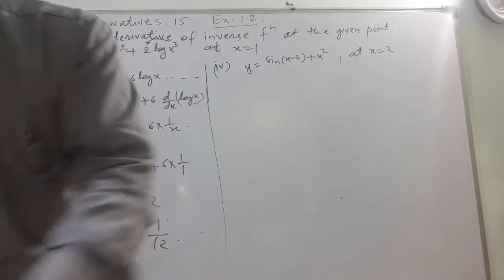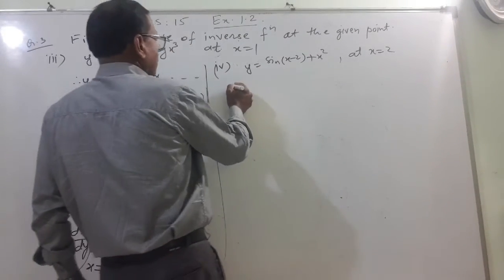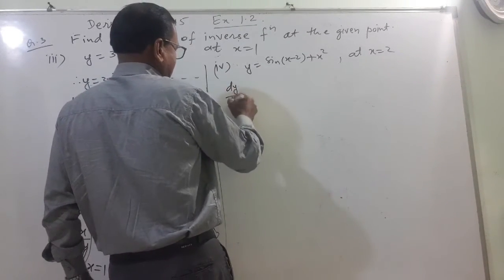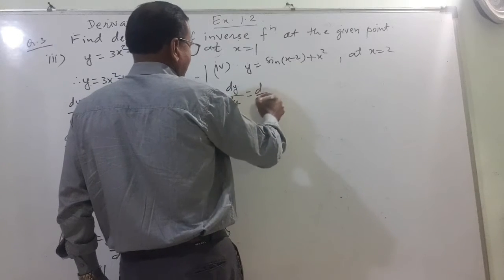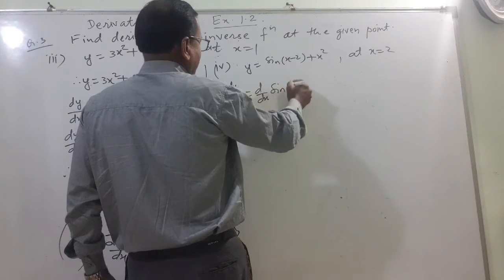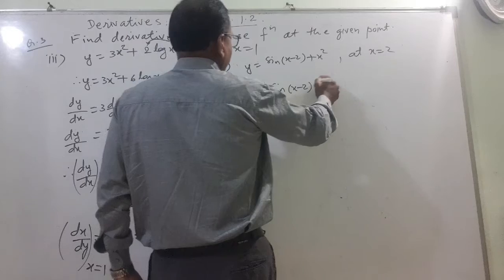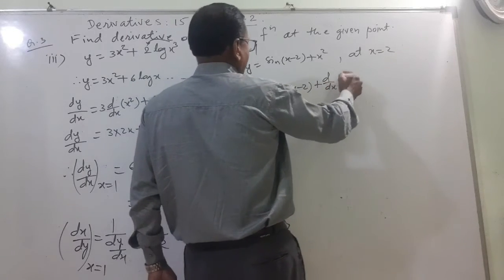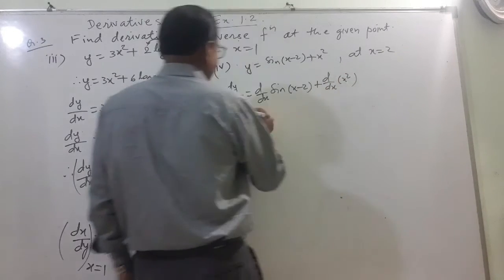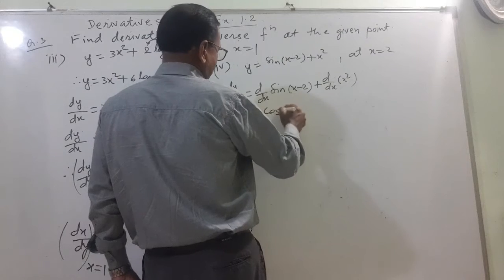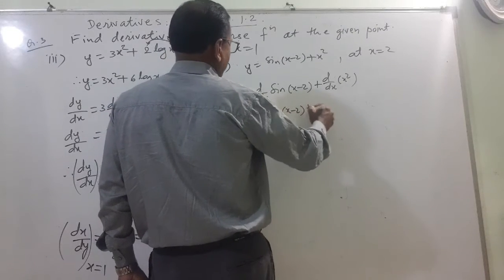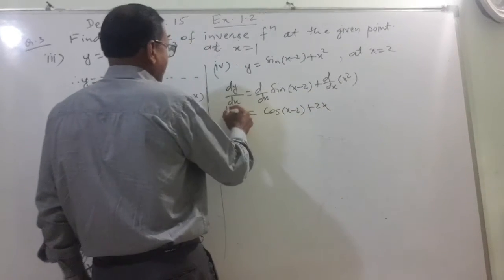Now take the derivative of this. Dy by dx is equal to d by dx of sine of x minus 2 plus d by dx of x square. That is equal to cos of x minus 2 plus 2x. This is dy by dx.